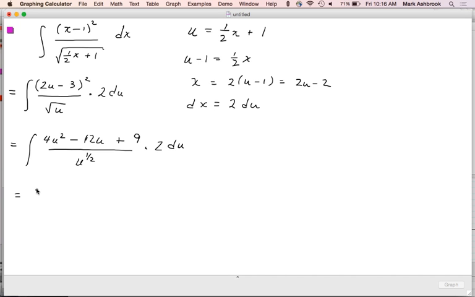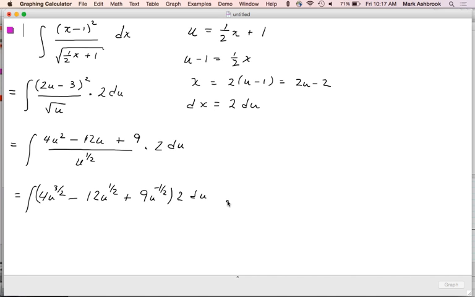So what's 4u squared over u to the 1/2? 4u to the 3/2, is that right? Minus 12u to the 1/2 plus 9u to the, and that whole thing times 2.